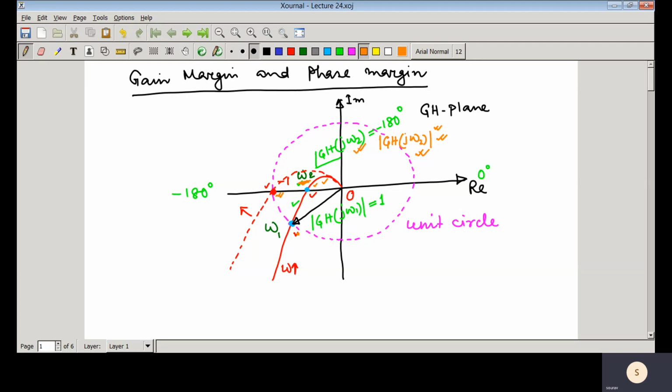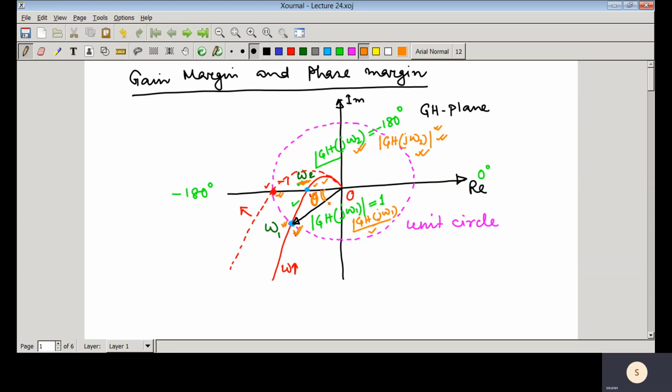Similarly, we can see here at omega equal to omega 1, if we find that angle, suppose this is j omega 1. So if we can calculate this angle at omega equal to omega 1, then we can see that if we add this angle, that is theta, then this particular point would come to the critical point. So that means that system would be marginally stable, on the verge of instability.